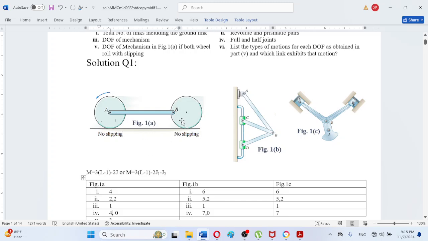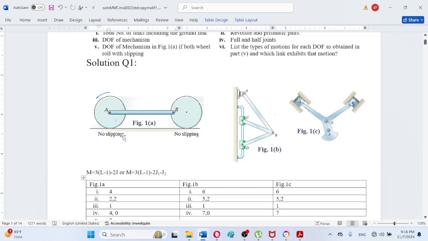Between this right wheel and this horizontal bar, this pin is a full joint, and at the left wheel at point A, between this horizontal bar, there is a second full joint.